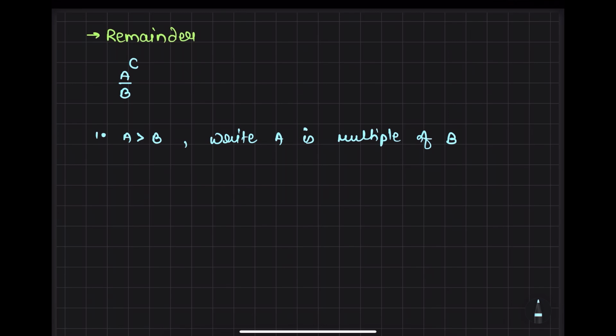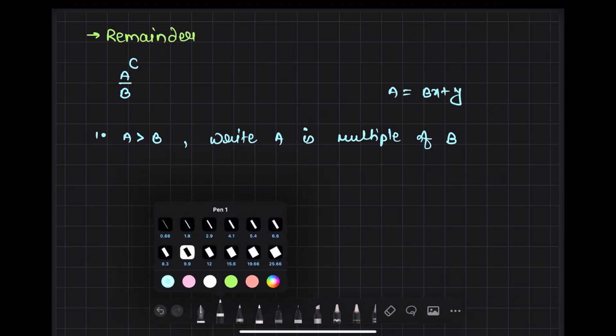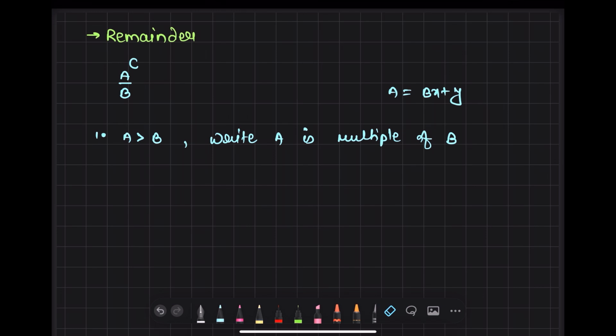That means you have to write a equals bx plus y. Then you have to use this concept and expand the binomial to find its remainder. So this is situation number 1.